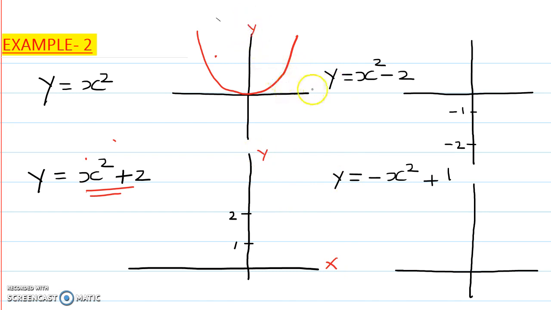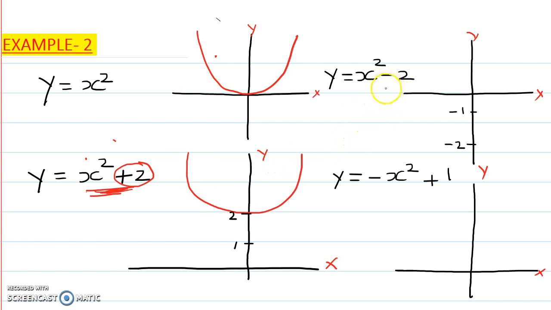So x square plus 2 is moving 2 units up.